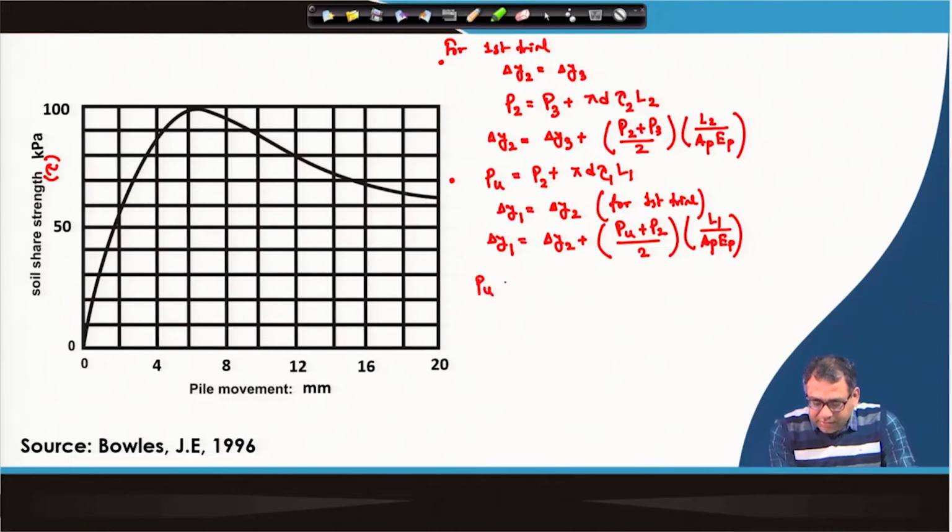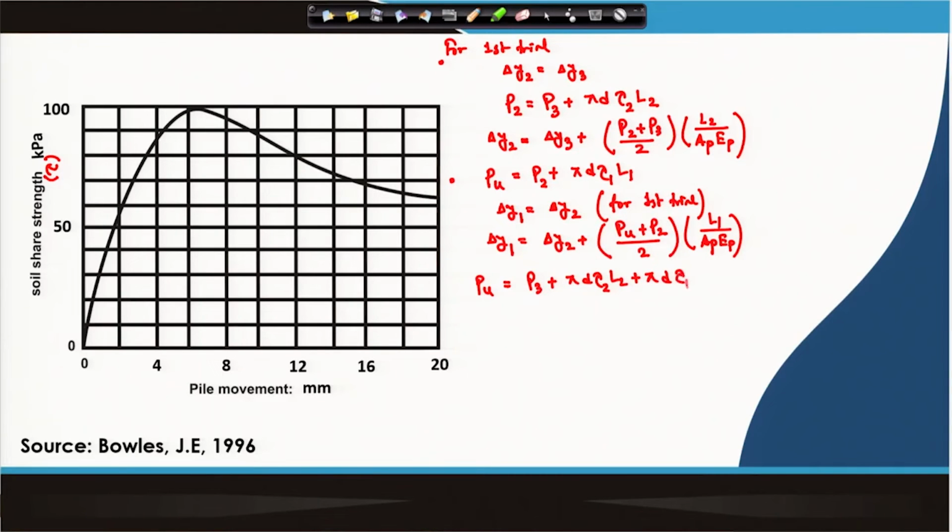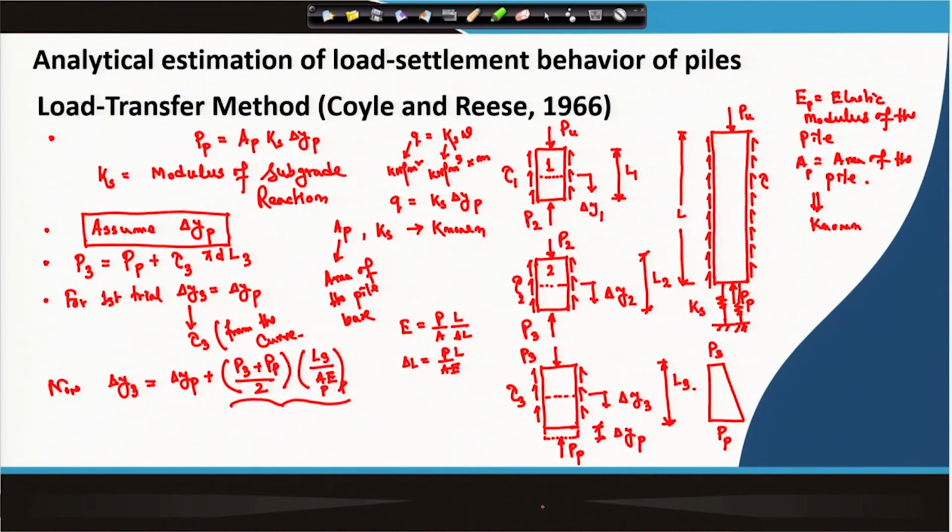The P u, I can replace the P 2 by P 3 plus pi d tau 2 L 2 plus pi d tau 1 L 1, and P 3 also I can replace by this equation.